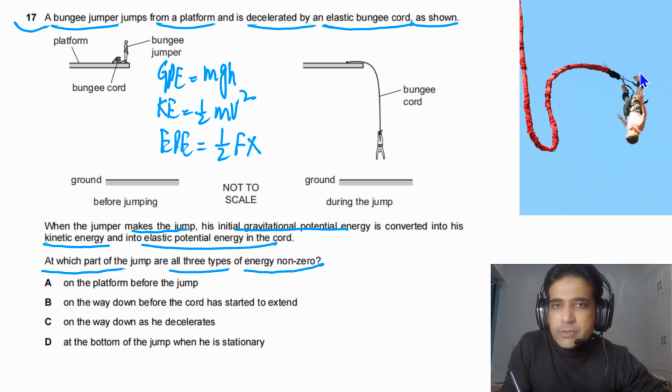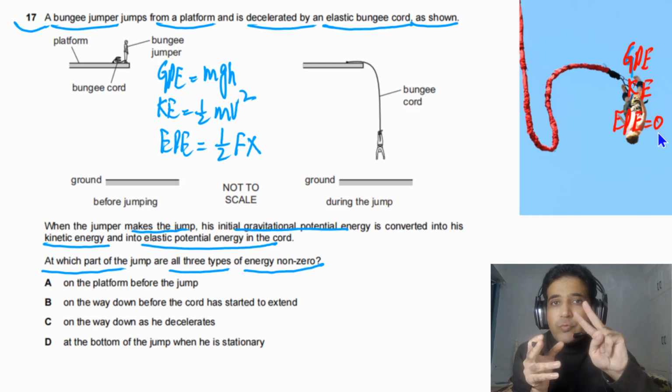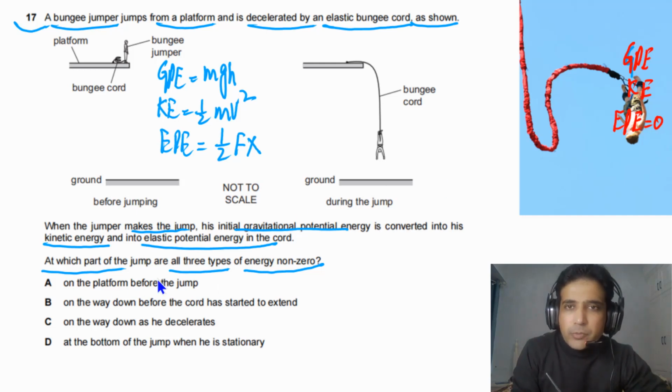So in this case, this person has GPE and kinetic energy, but this person has no EPE because there is no extension. EPE is equal to 0. So in this position, it has only two forms of energy. Now look at the given options and we can try to find the answer.